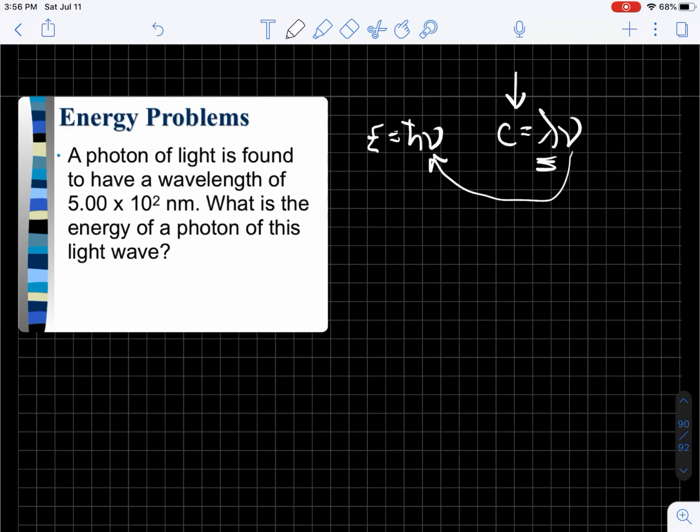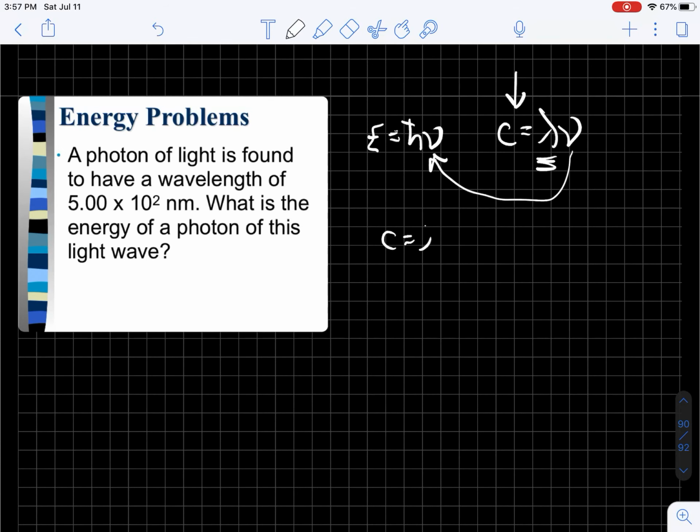You can either deal with this equation first and then solve it for frequency, and then second, use the energy equals Planck's constant times frequency once you know the frequency to get the energy of that photon. Or you can do a little parametric equation. We can substitute one into the other. So in this first equation, and you can do this either way, I really don't mind.